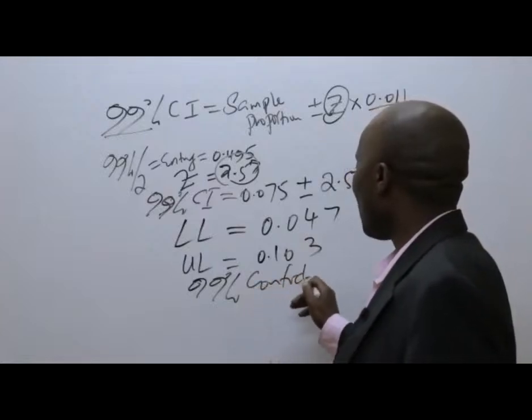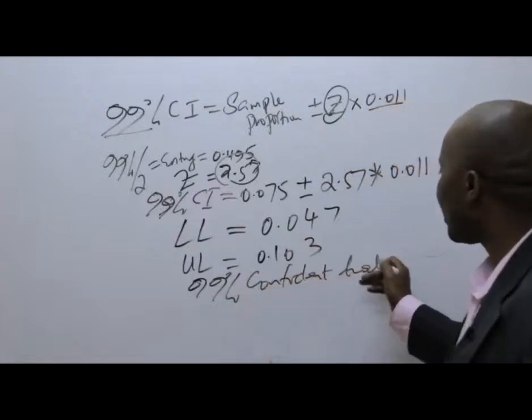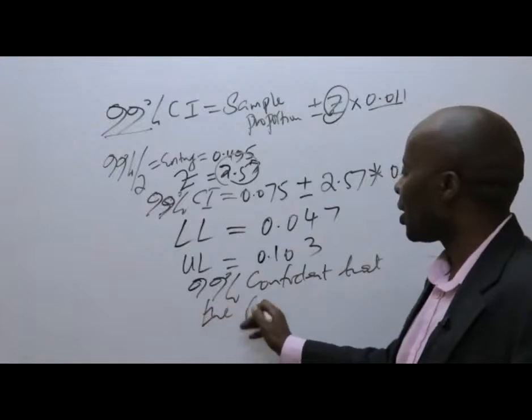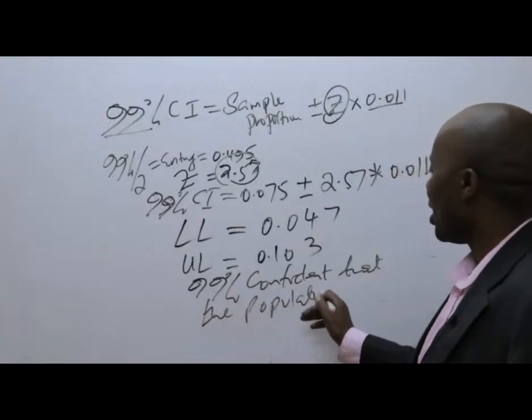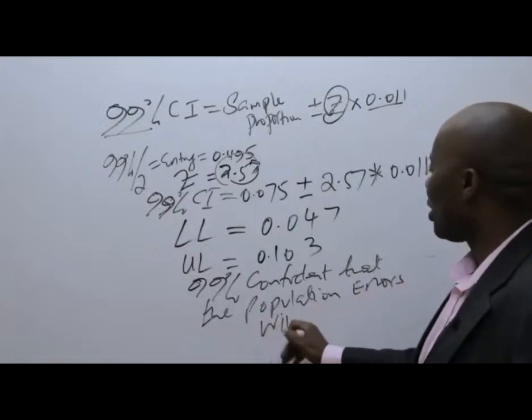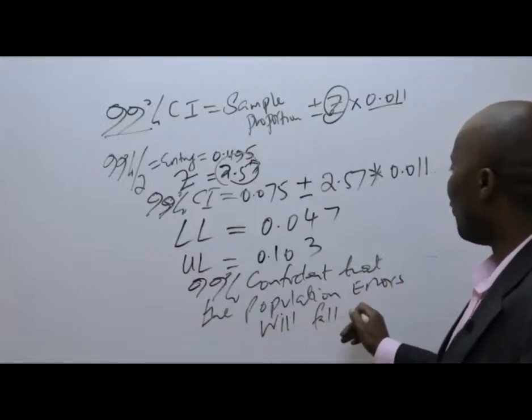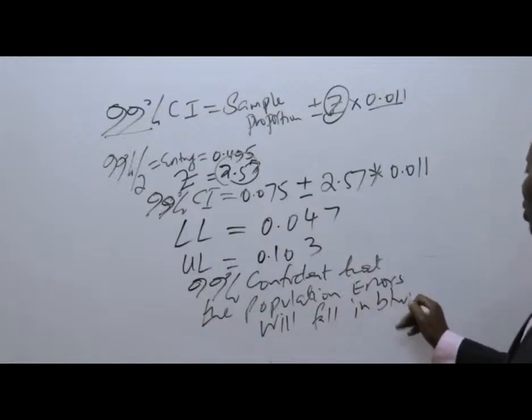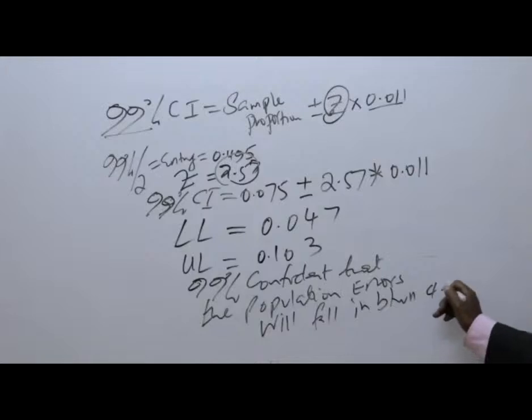that the population errors will fall in between 4.7% to 10.3%.